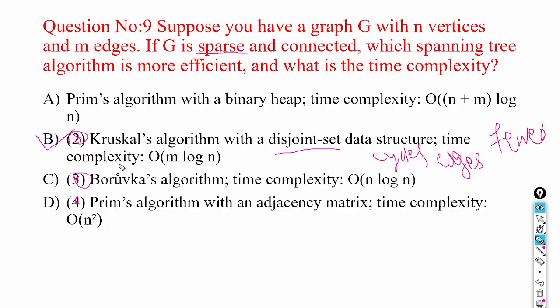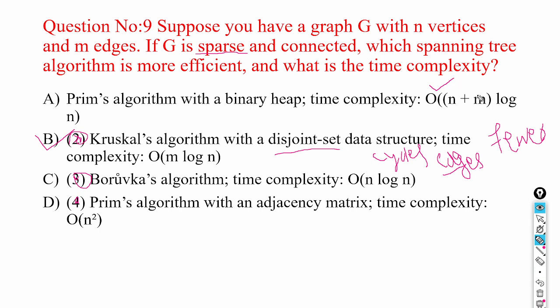So Kruskal's algorithm uses the disjoint set, avoids cycles, and sorts the edges. So it is efficient for a sparse graph. The order of m log n is the correct answer.